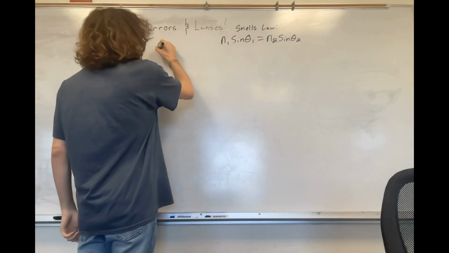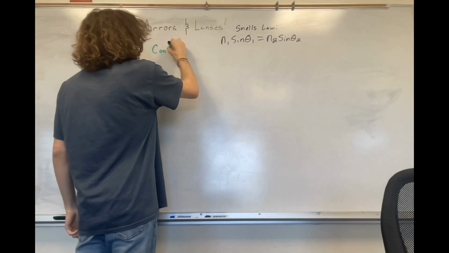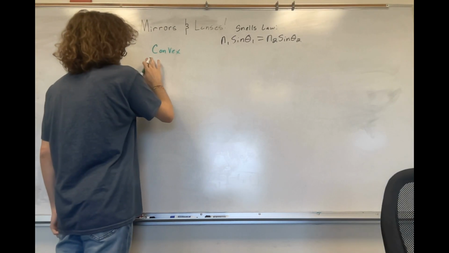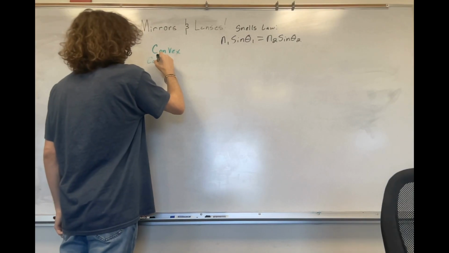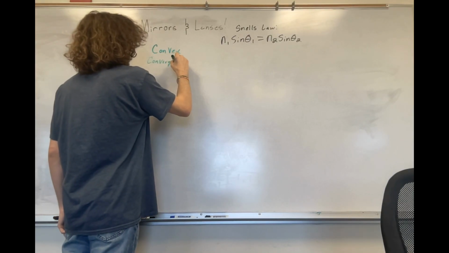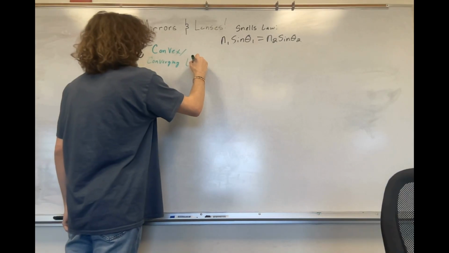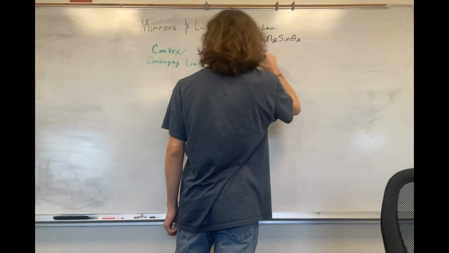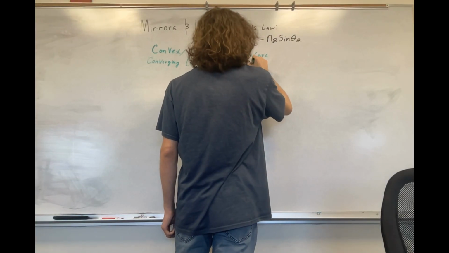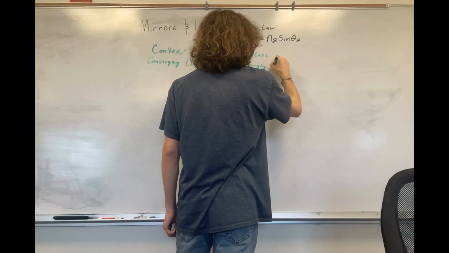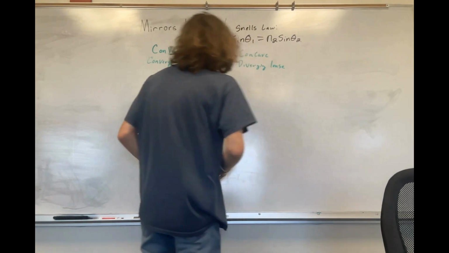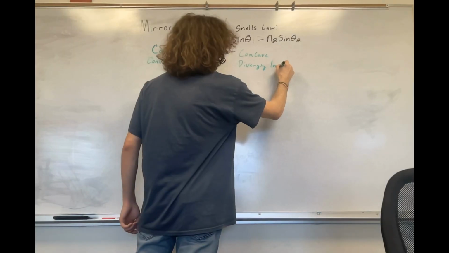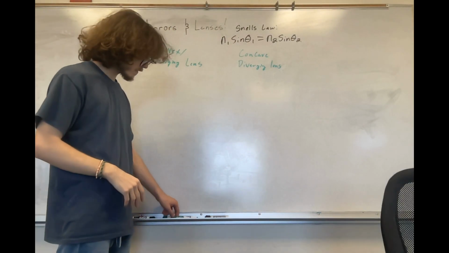So a convex lens is known as a converging lens. Okay, you can also have a concave lens, which is known as a diverging lens.